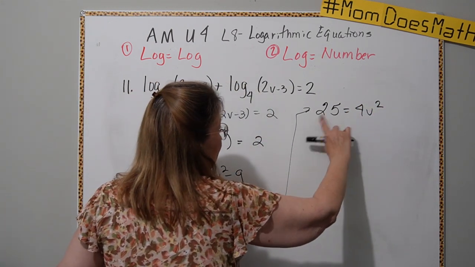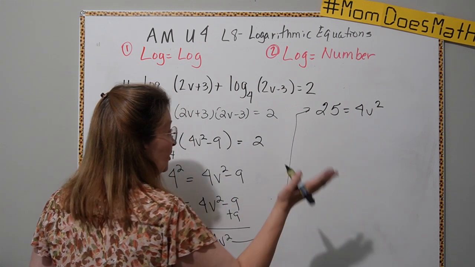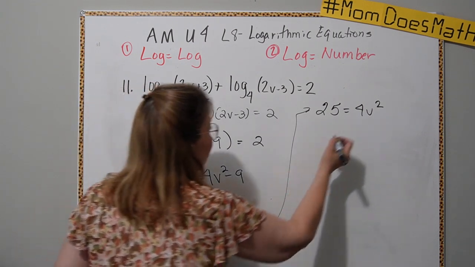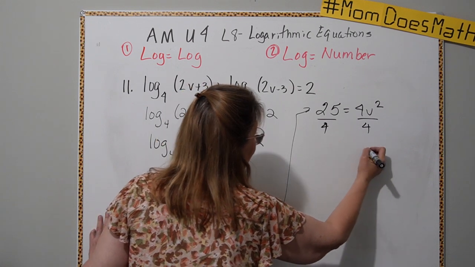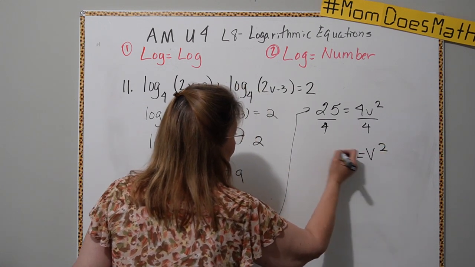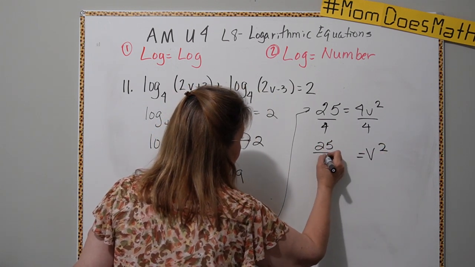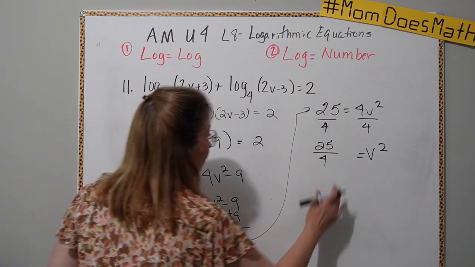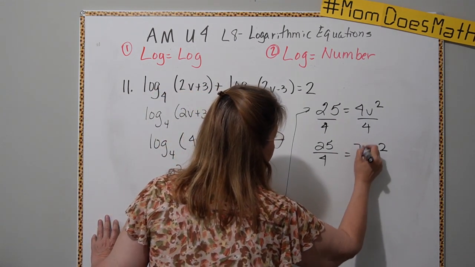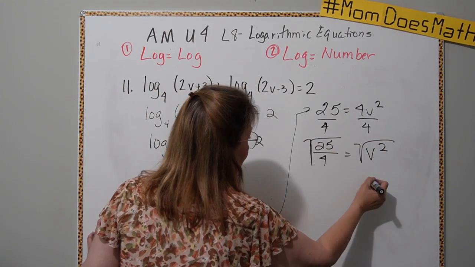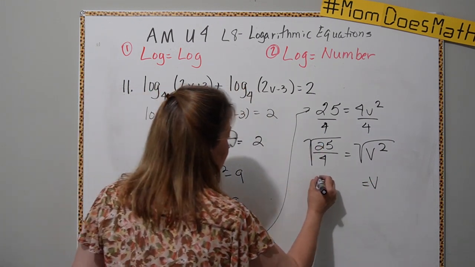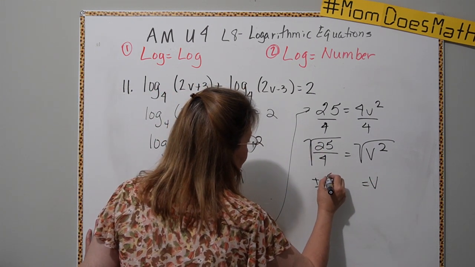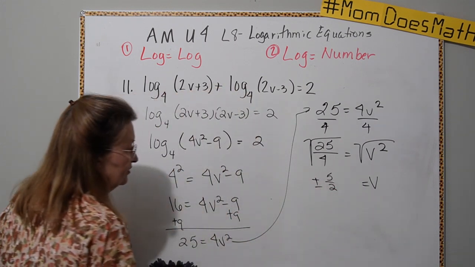Since both of these numbers are perfect squares, the square root property is going to be ideal, and I would go ahead and get them both on the same side. So now I have v squared is equal to 25 over 4, and I'm going to take the square root of each side. So I have v equals, now remember, when you take the square root, you have to do plus or minus 5/2, all right?